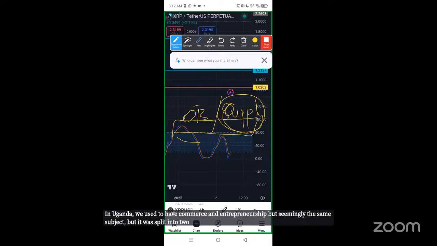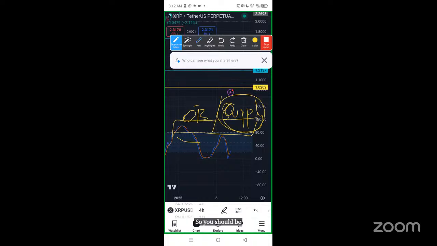Regardless, that was the term we often used, supply and demand, even in economics when you go to A-level and university. So you should by now understand what these two terms mean. Why would something be called surplus?